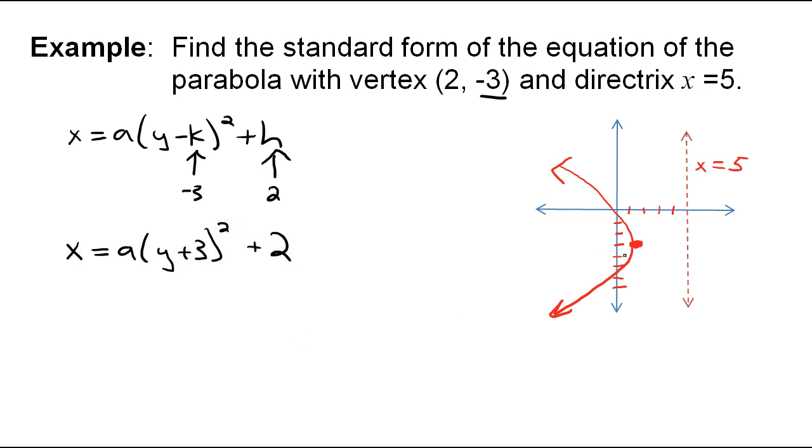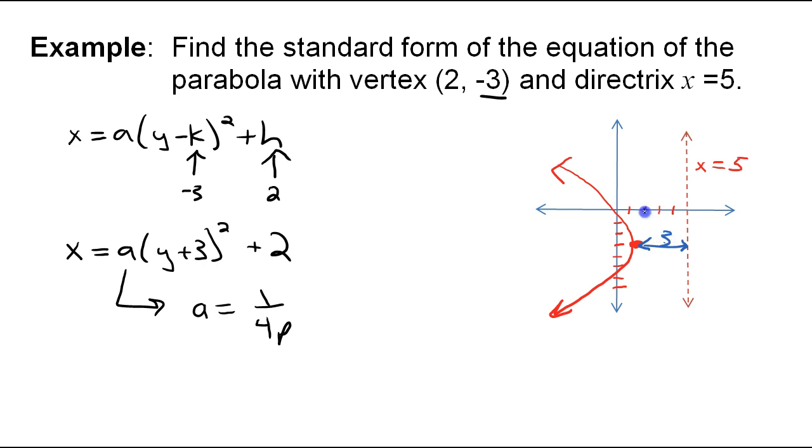Now, as far as figuring out what the a is, remember that a equals 1 over 4p. Well, come back over here, and how far was it from (2, negative 3) all the way over? How far is it from here to here? That's 3 units.